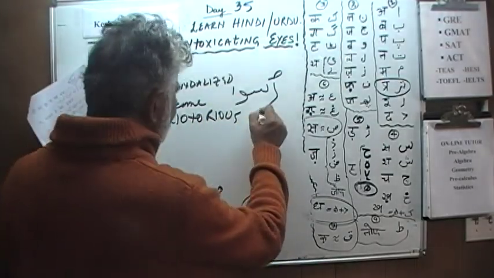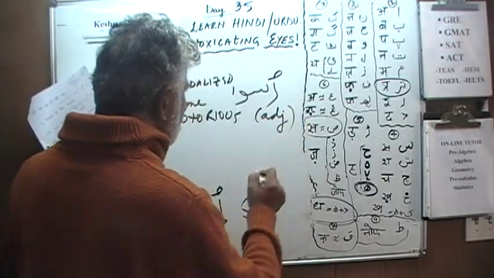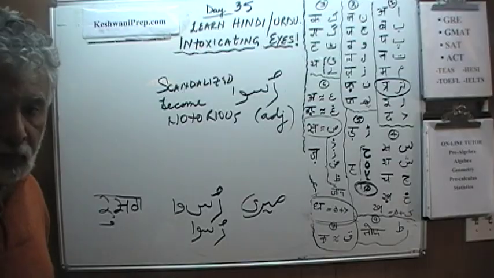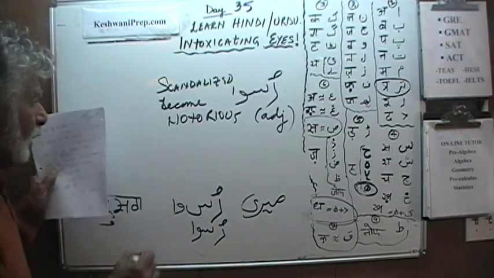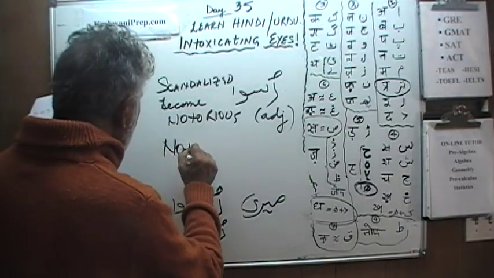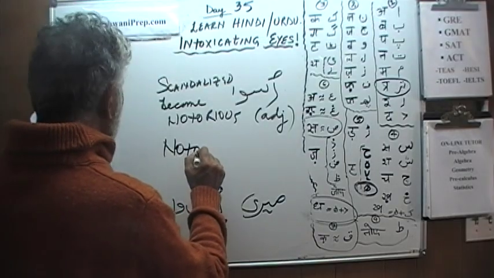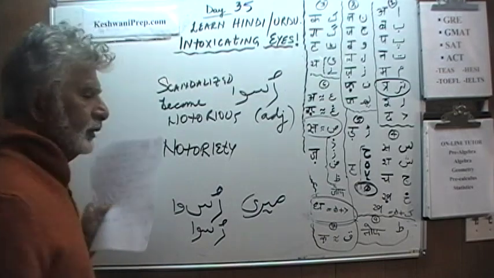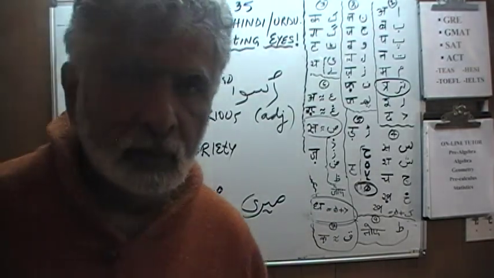Ruswa is an adjective. Do you know the noun of notorious? Notorious is an adjective. The noun would be notoriety. Notoriety. How do we say it in Urdu?